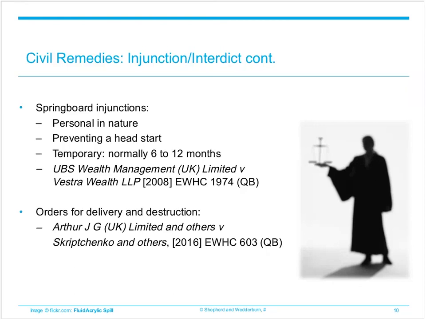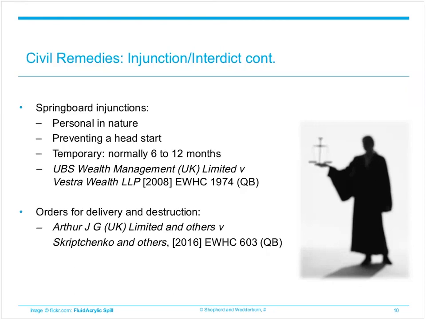Another example of how injunctions can be used in English law is to seek an order for delivery and destruction of confidential information. This was recently used in the case of Arthur JG UK Limited and others, and Skripchenko and others. Here the court ordered delivery up and inspection of computers and devices belonging to former employees and their new employer, and the destruction of any confidential information belonging to the former employer that was found on them.